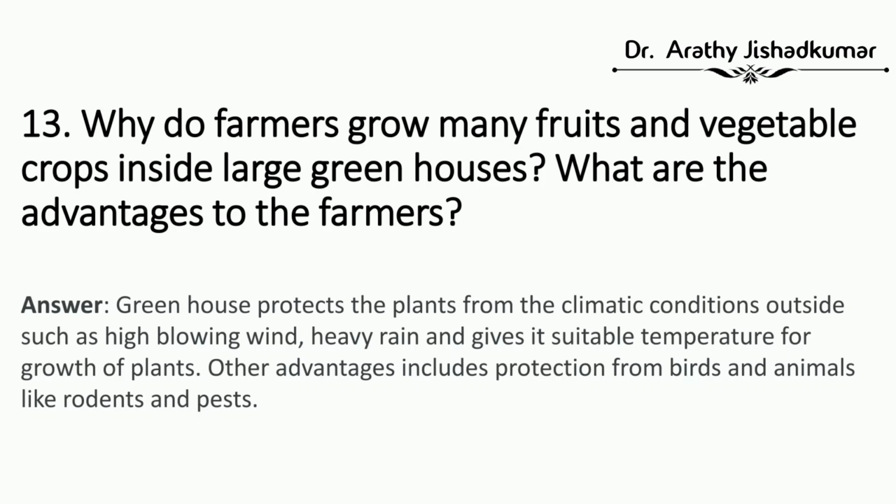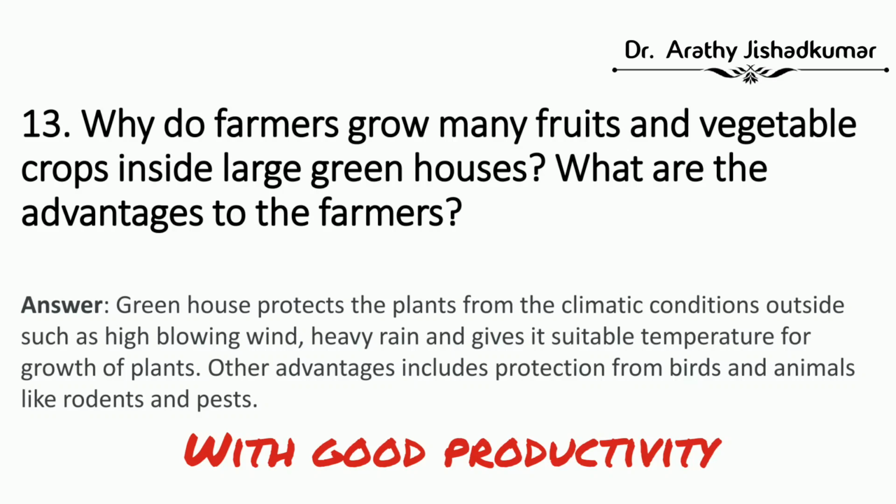They can control the temperature required for optimal plant growth. Using greenhouses, the farmers can also protect the plants from birds and other animals like rodents and pests. So they can make sure plants are growing very healthy.